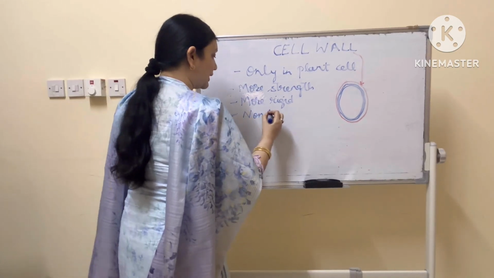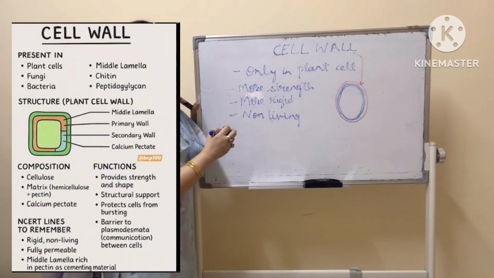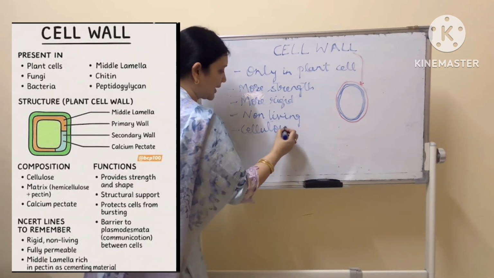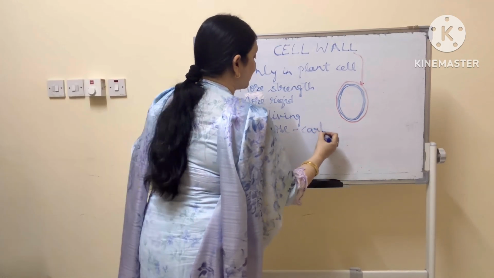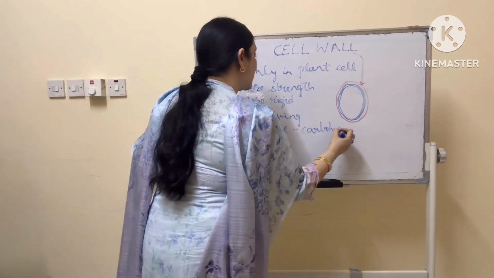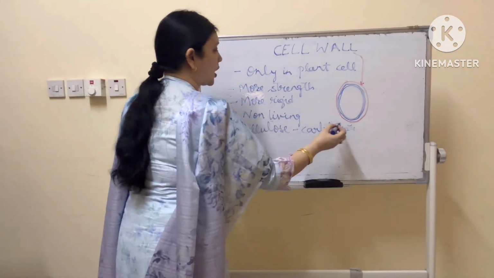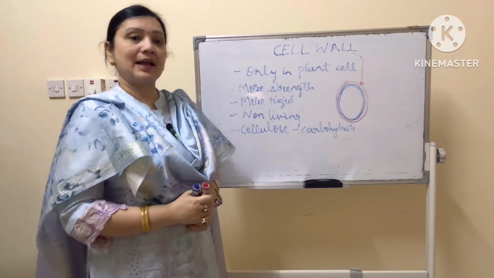Cell membrane is a living thing, but cell wall is a non-living structure, and it is made up of cellulose. Cellulose is a complex carbohydrate. Just like we have starch, in the same way there is one more complex carbohydrate called cellulose, and the cell wall is made up of cellulose.